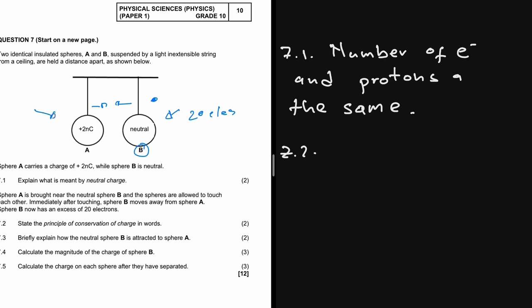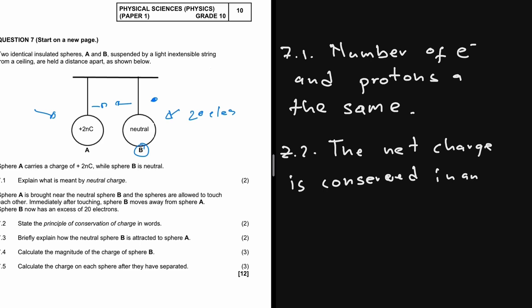You can just say it in simple ways: the net charge is conserved, or constant, in an isolated system.